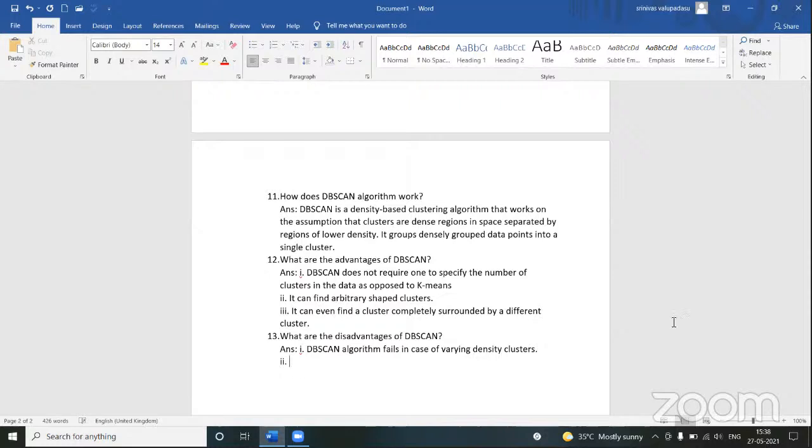The second one: it does not work well in case of high dimensional data. These are the disadvantages of DBSCAN.